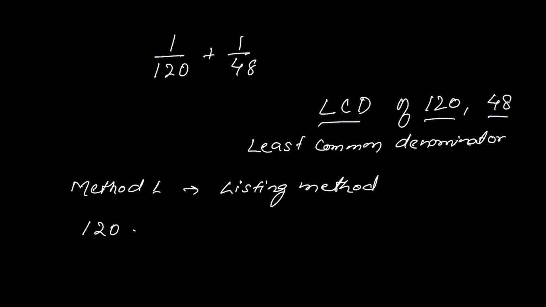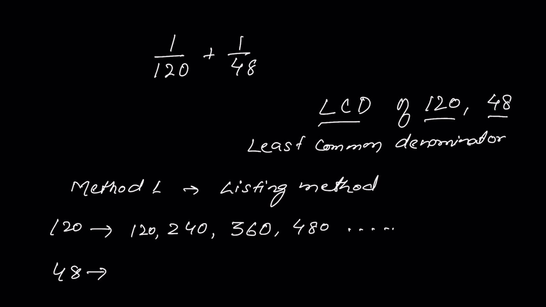First the multiples of 120. 120 times 2 is 240. Then 120 times 3 is 360. Then 480, and so on. We can keep on writing. Then let's write the multiples of 48. Here we can write 120 also, because 120 times 1 is 120. Multiples of 48: 48, 96, 144, 192.